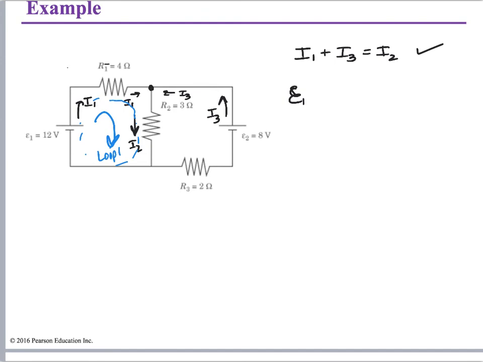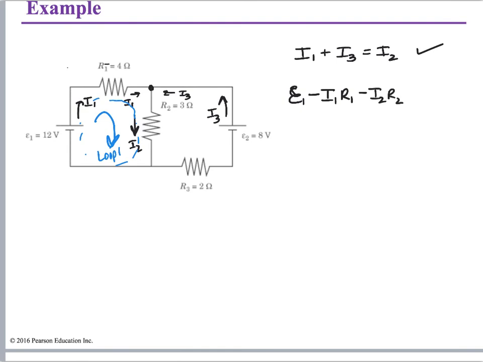Now I'm going to go through resistor 1 in the direction of current 1, so that's a potential loss. So I'm going to write minus I1 R1. Then I come down through this resistor, that's R2. And I'm going in the direction of current 2, so that's another loss, I2 R2.